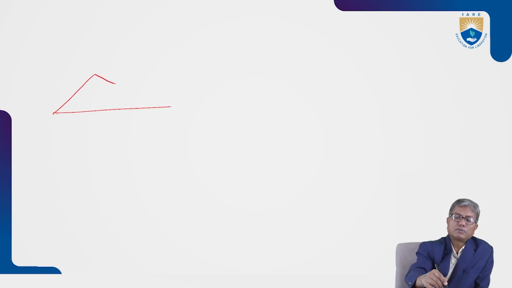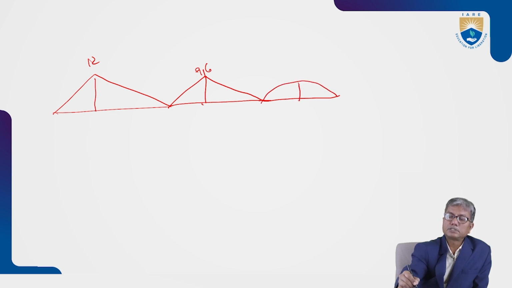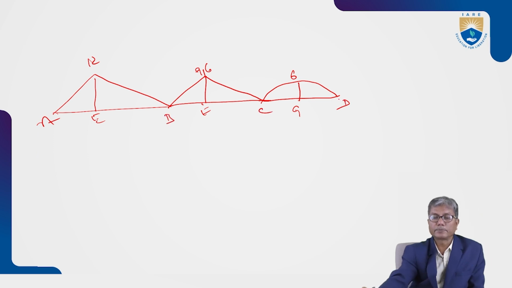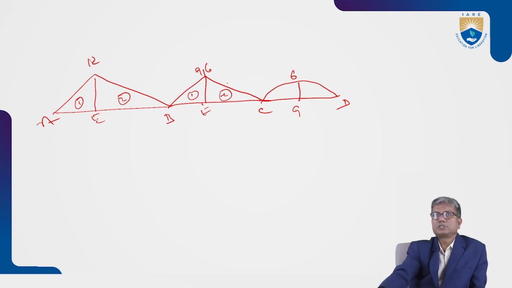That is 12, it is 9.6, next 6, the bending moment at G. This is F, this is E, this is G. A, B, C, D. Now we split this into two parts, this also into two parts, because we don't directly know the centroidal distance.